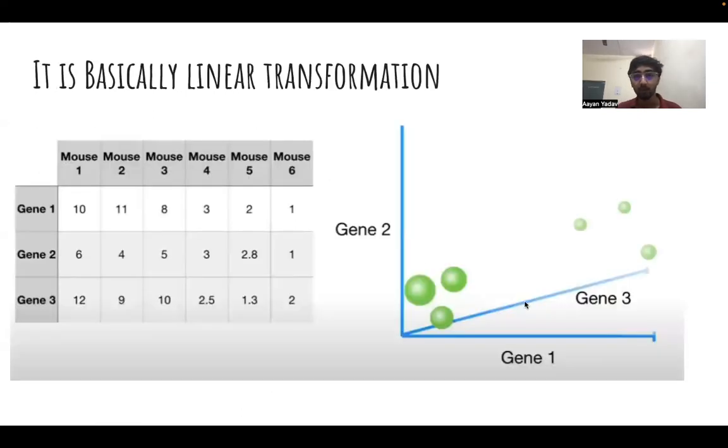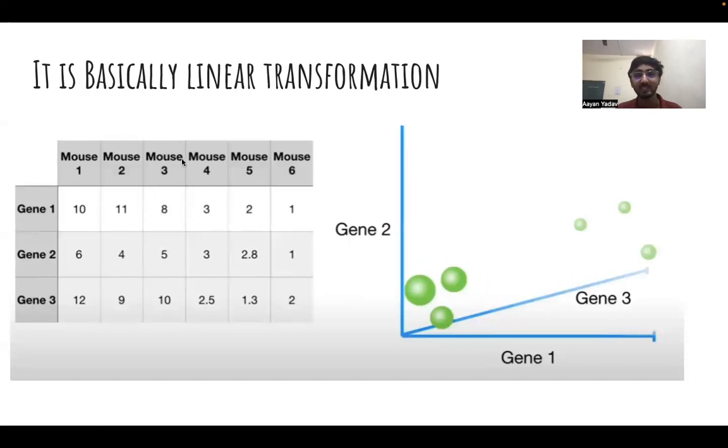So if we remember this example from class, these are genes, which are features, and these are examples, which are mice. So this is the normal data plotted in 3D space. What I am claiming is that PCA is nothing but a linear transformation. A very good looking linear transformation.